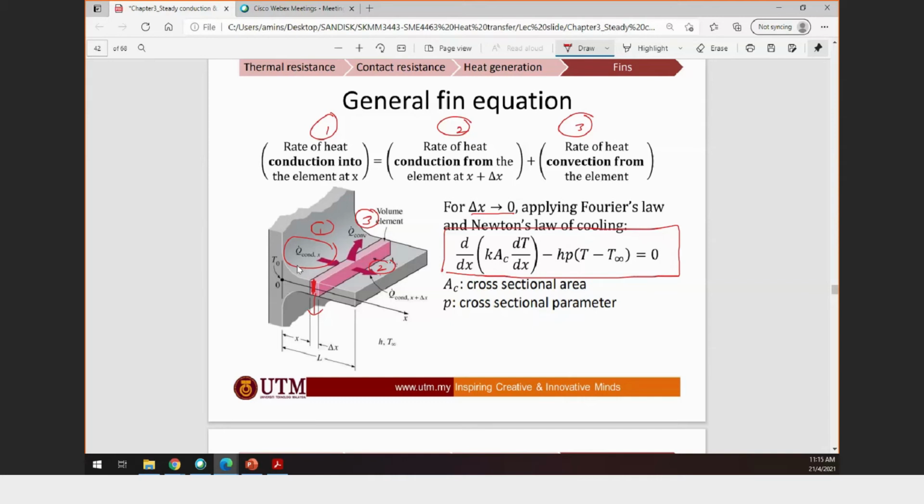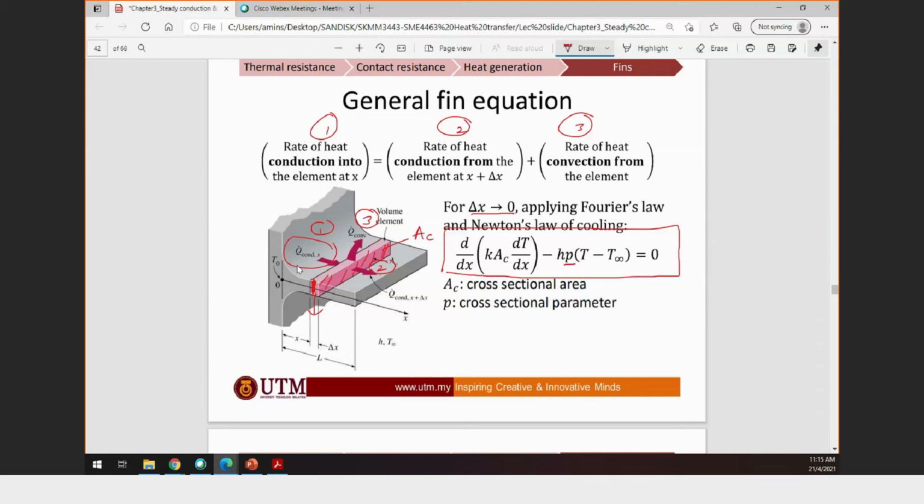Where T is the temperature distribution across the element in the x-axis. K is the thermal conductivity of that particular fin material. AC is the cross-sectional area of this particular element.